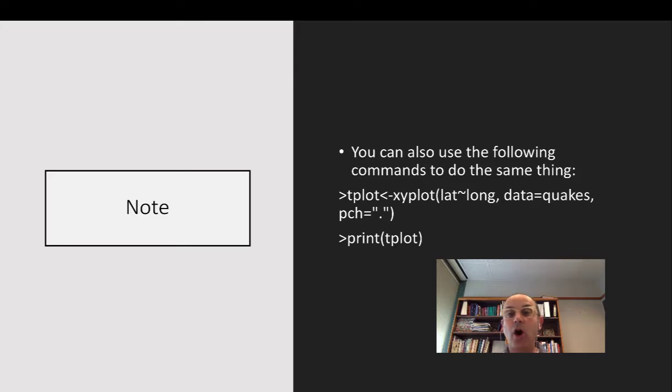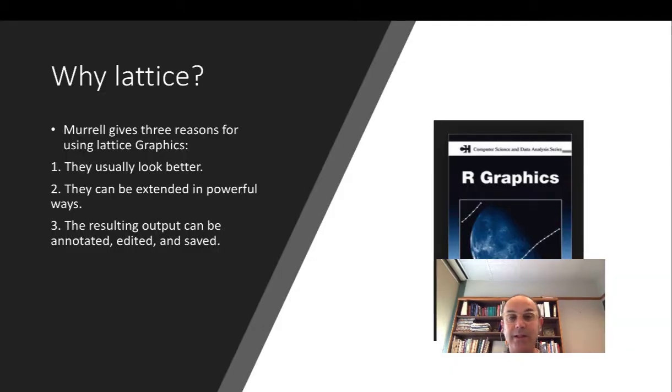One note that can also follow is this same command, and you can also use the print command in order for you to apply that. The authors give three-dimensional graphics two advantages. One is that they usually look better.